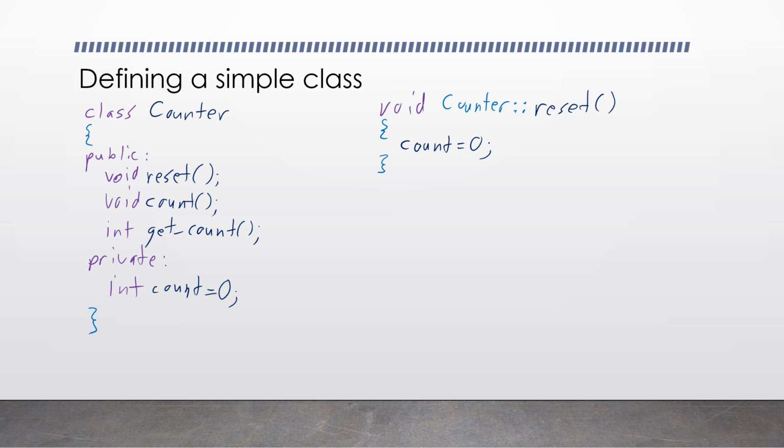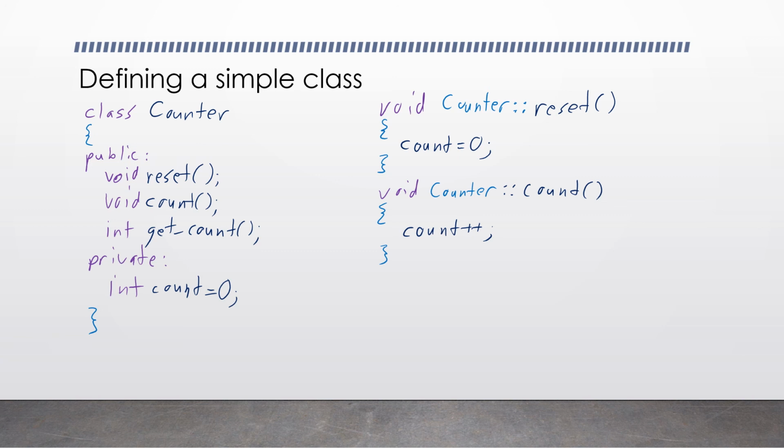Then for the method void Counter::count, all we have to do is call count++. And then our last one is not a void.